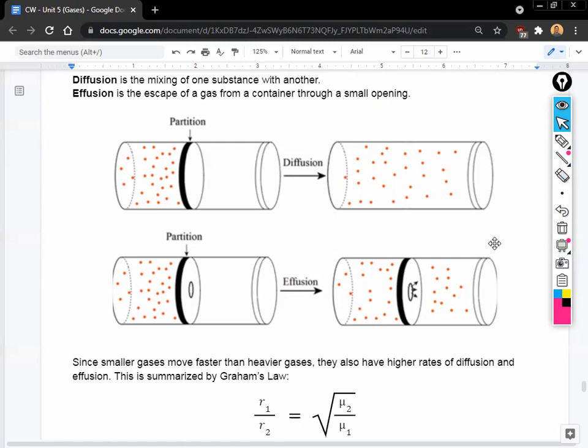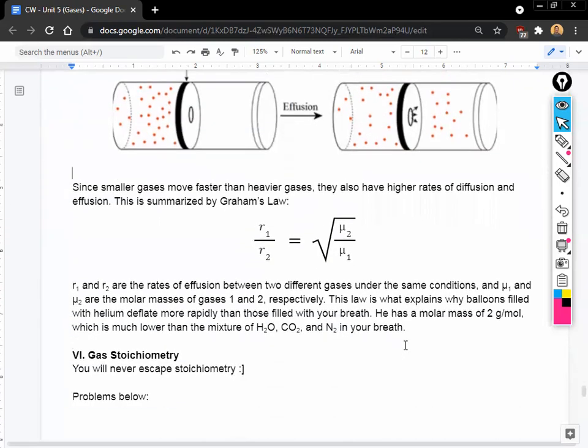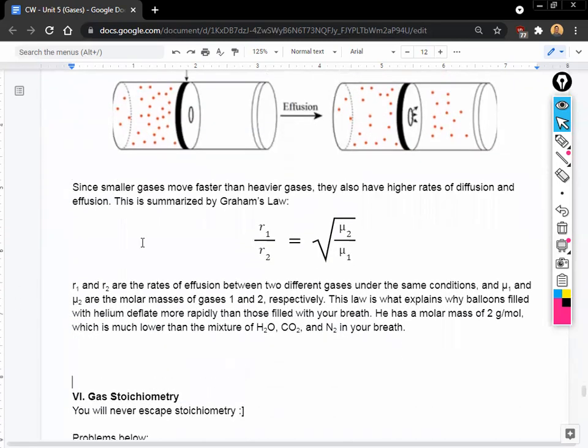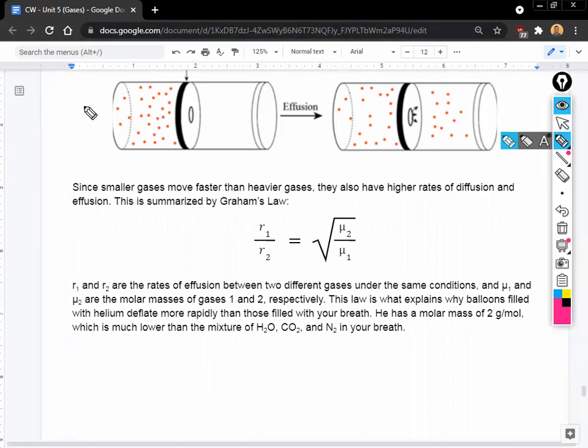So why is this important? We just talked about how some gases are smaller than others, right? What that means is, as we said earlier, smaller gases have to move faster to have the same kinetic energy. Kinetic energy is directly related to temperature.